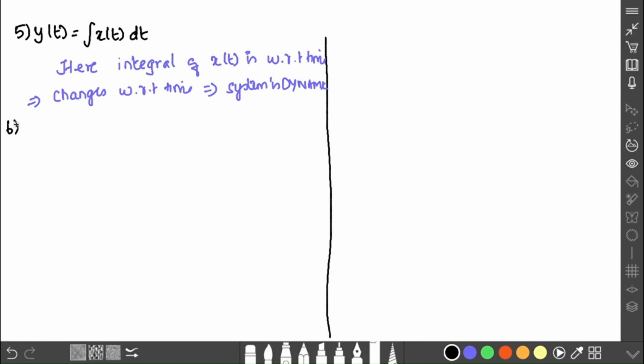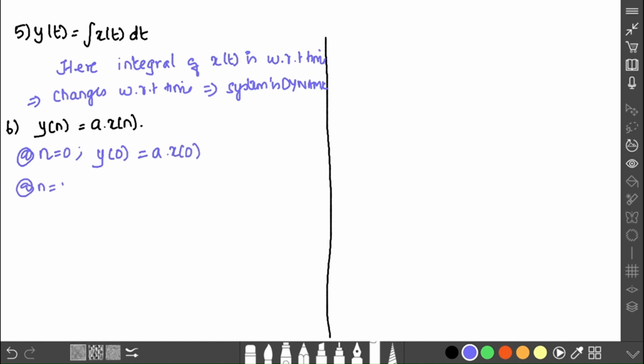Next case, the sixth problem, here y of n is equal to a into x of n. So here also you have to substitute. This is a discrete type value. So at n equal to 0, what will be your y of 0? The same case: y of 0 is equal to a into x of 0. At n equal to 1, y of 1 is equal to a into x of 1.